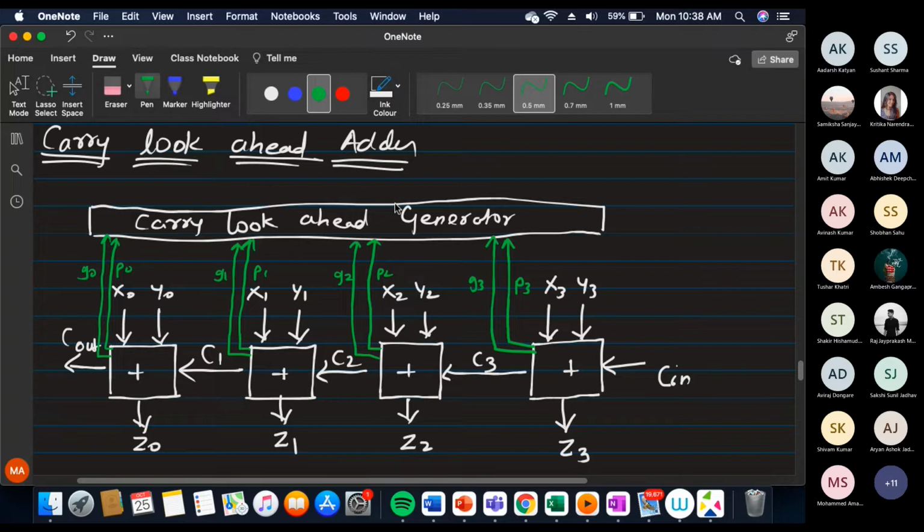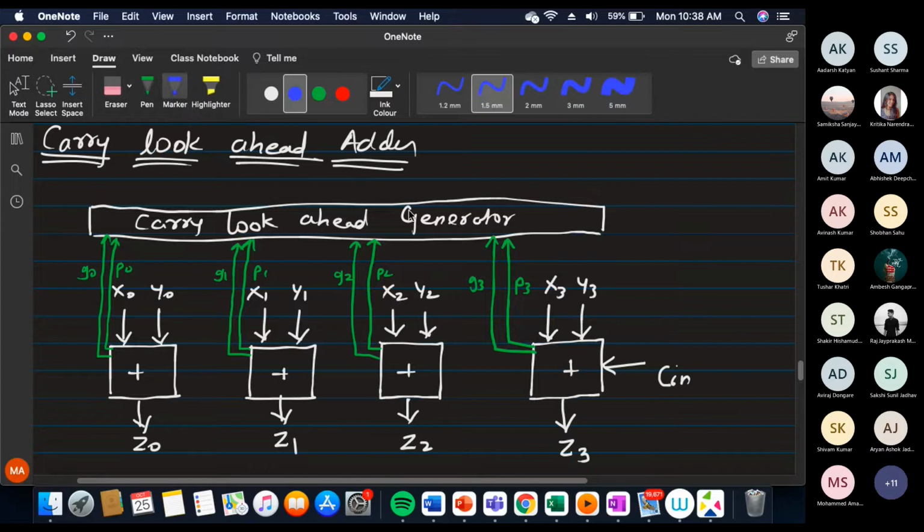So if you get all these G's and P's, the carry is not required to be supplied; it can be generated by the carry look ahead generator itself.